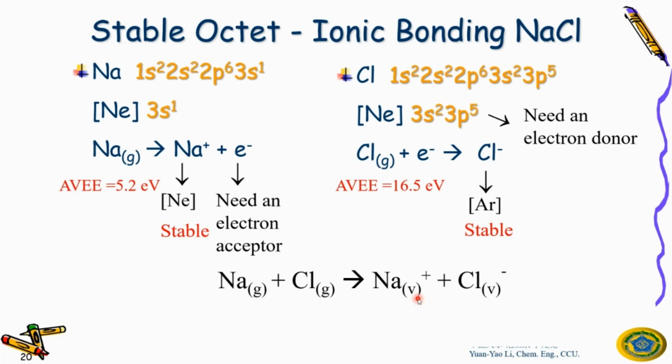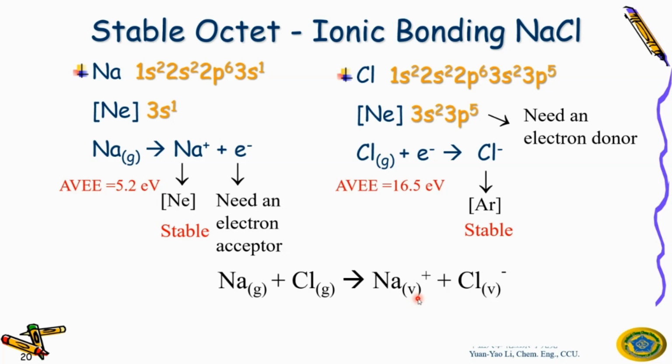You know, there's a line. Above the line we call it gas. Below the line we call it vapor. When you have H2O, you call it water vapor, right? Have you ever called it water gas? H2O gas. What's the line here?